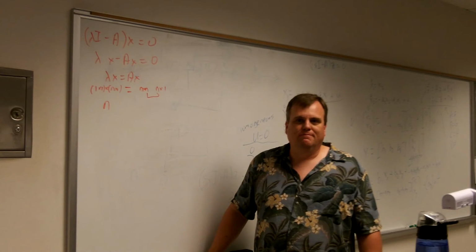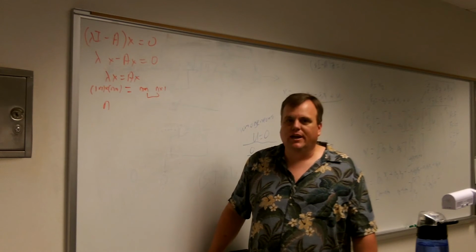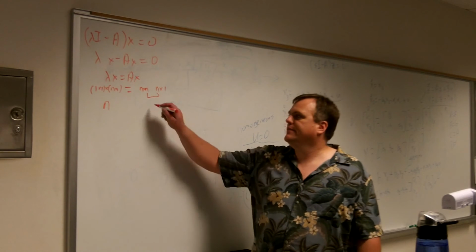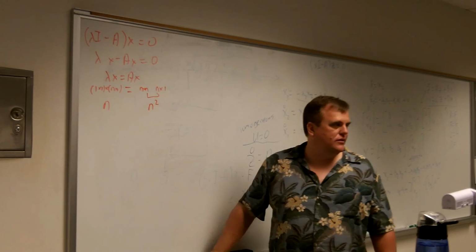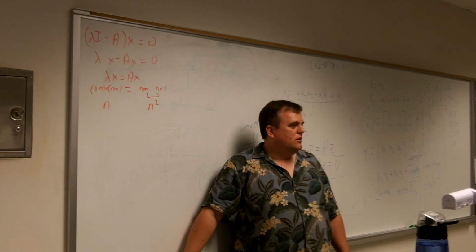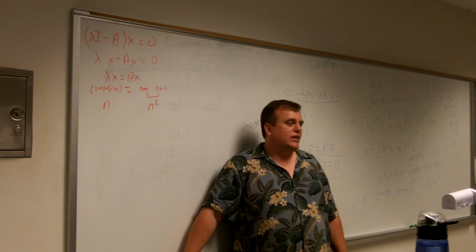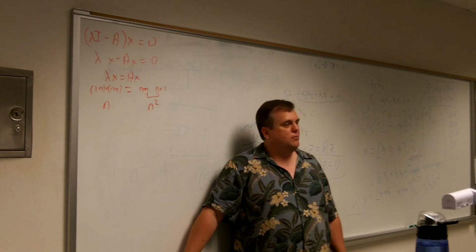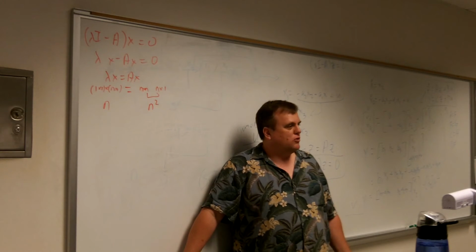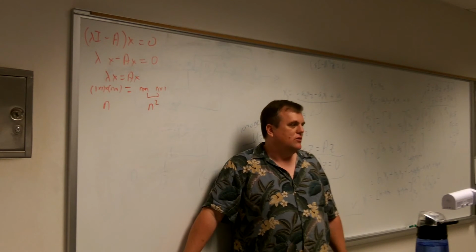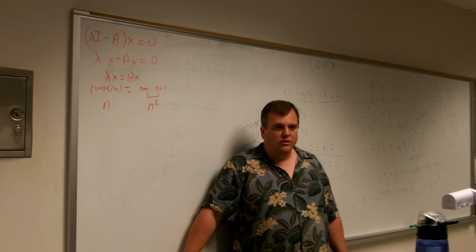Those who are thinking n cubed, you're thinking of an n by n matrix times an n by n matrix. Matrix multiply is n cubed. Matrix vector is n squared.